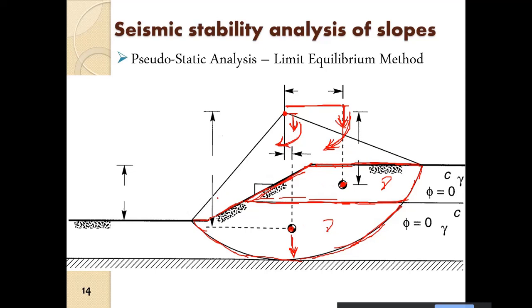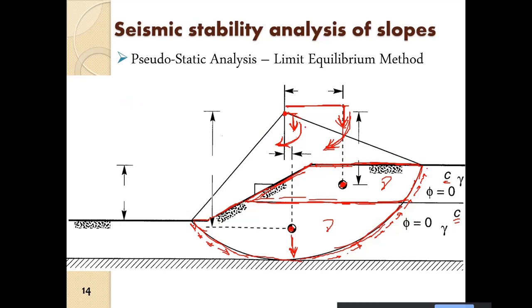Similarly if we consider the cohesion, we can consider the cohesion to be normal at each point. The resistive moment from the cohesion component will be acting along this direction. This is the lever arm at each point.